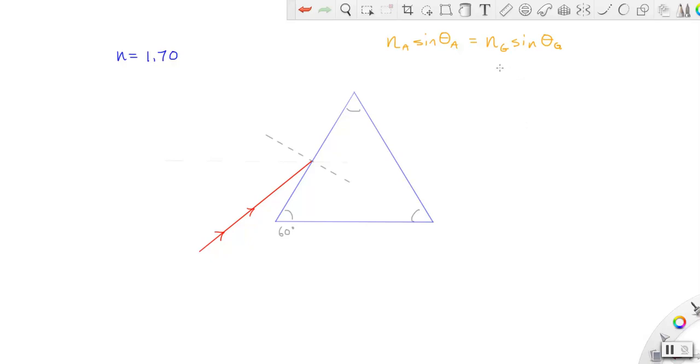So I'm interested in the angle outside with respect to the normal and the angle inside with respect to the normal, right? I already have my two indices of refraction. Glass is going to be 1.7 and the other one is air, which is just always 1.